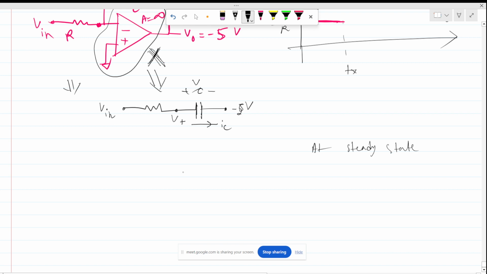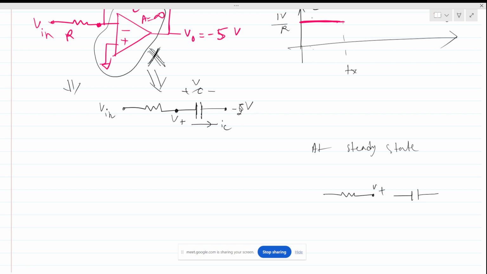Frequency is 0, so impedance is high, so it is an open circuit. So what is the V plus at steady state? It is V in, right?